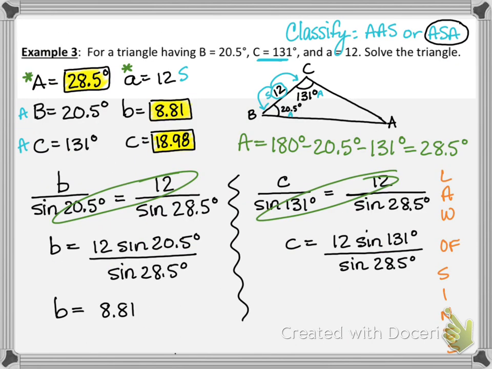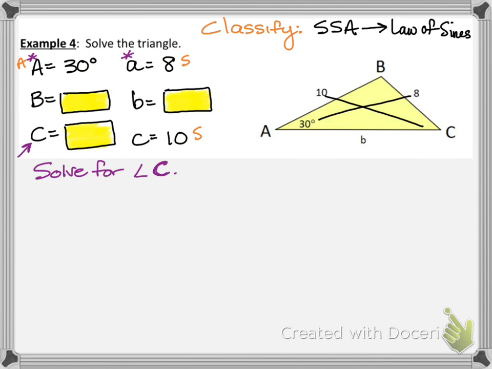I'm going to come back over here, and I'm going to put sine of capital C, because that's what I'm looking for, over little c, which is 10, equals the pair that I do know, sine of capital A, in this case 30 degrees, over the lowercase a, which in this case will be our 8.